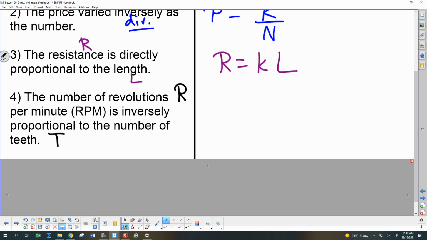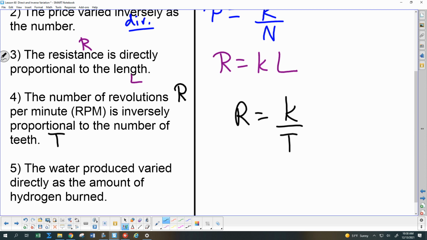Bella, what did you write? K over T. If they're variation or proportional, it's always something equals K, and then it's times or divided by the other one, depending on direct or inverse.